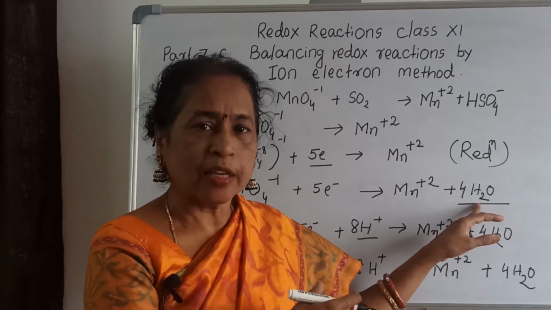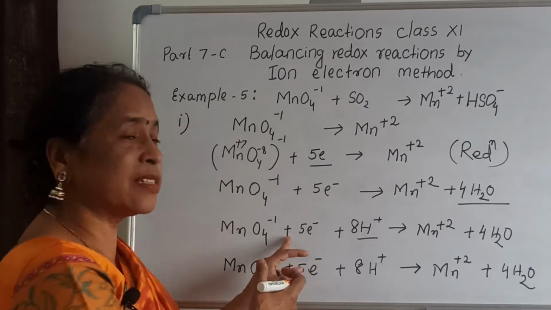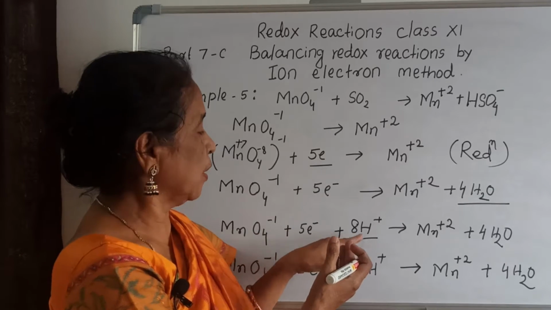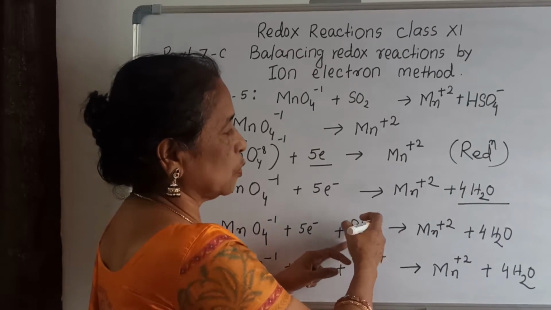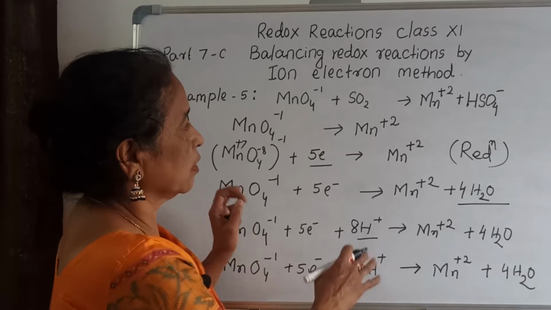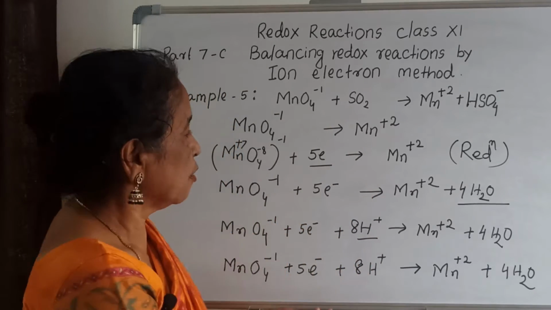But again hydrogen is not balanced. Here 8 hydrogen, but on the reactant side there is a deficiency of 8 hydrogen. That is why again I will put 8H plus here so that the hydrogen balances. Now the half reaction where reduction takes place is already balanced.